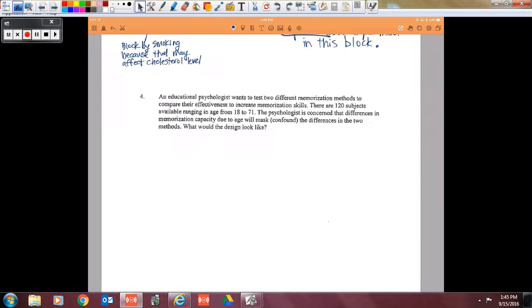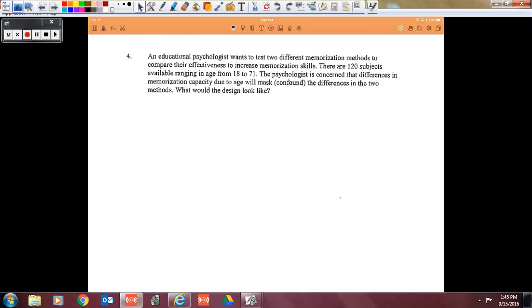Let's go ahead and do number 4, but I'm going to kind of talk you through. Let's talk through the way we might consider if we need to block or not. Okay? So here we go. Number 4, and then you're going to do it completely on your own, and I'm going to walk around and check and see if you have everything. So here we go. An educational psychologist wants to test 2 different memorization methods to compare the effectiveness to increase memorization skills.